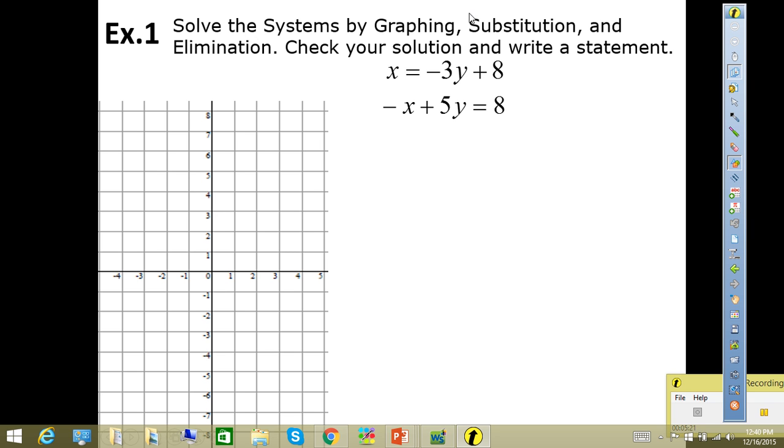So, did everybody write the instructions? Solve the system by graphing, substitution, and elimination. Check your solution and write a statement. You're going to write the system.